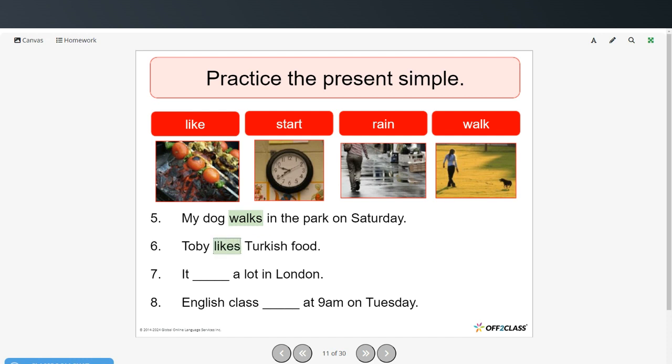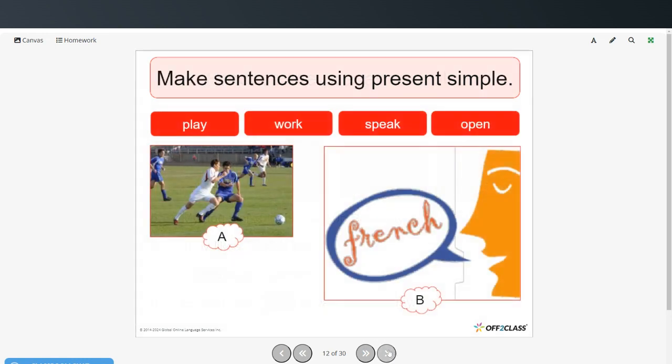Toby likes Turkish food. It rains a lot in London. And English class starts at 9 a.m. on Tuesday. So you see all of these have the S because my dog would be a he or a she. Toby is a he. We have the it, and English class is also an it. So that's why we have the S on all of these verbs.